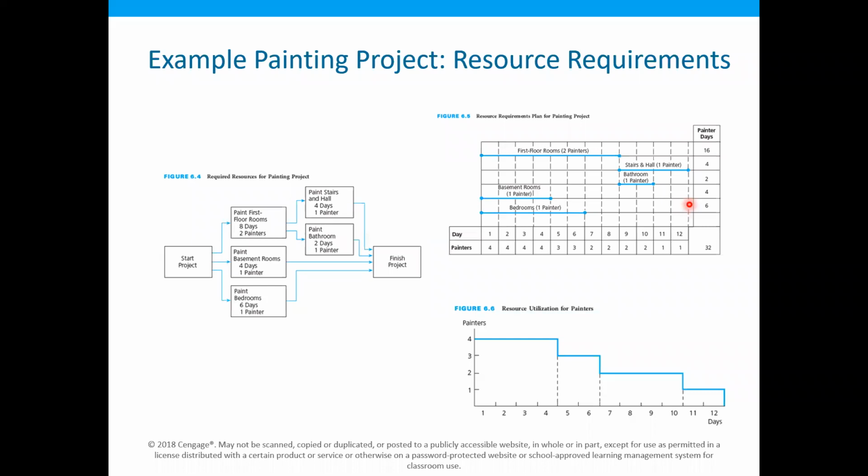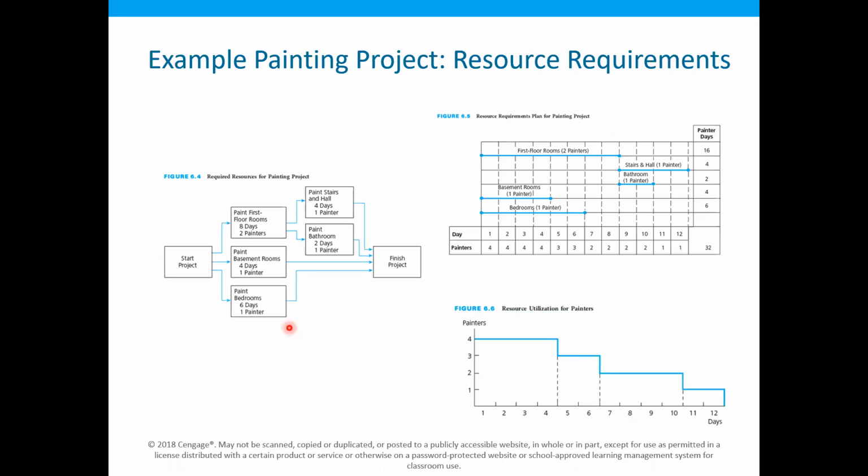Similarly, the bedroom activity can be delayed for a number of days. So based on this information, can you tell me what is the total slack available in the basement room?